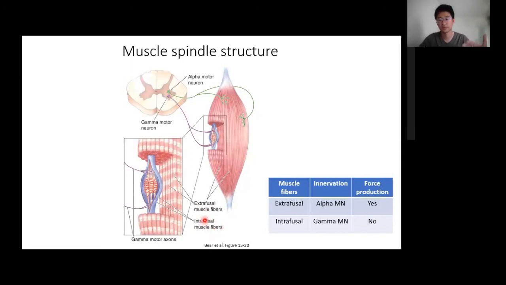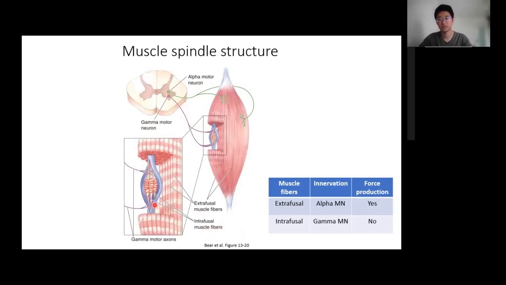They only serve a sensory function. And there's another type of motor neuron called a gamma motor neuron. Its cell body is also located in the ventral horn of the gray matter, like the alpha motor neuron. However, the gamma motor neuron innervates the intrafusal muscle fibers.